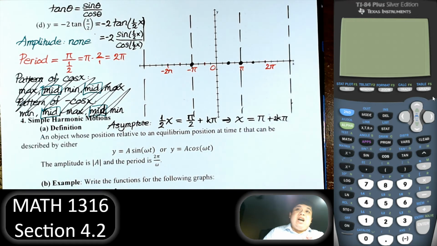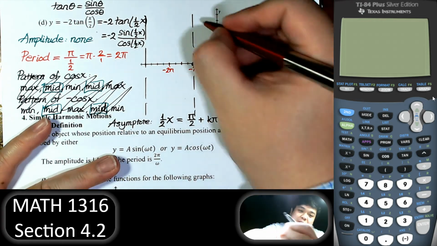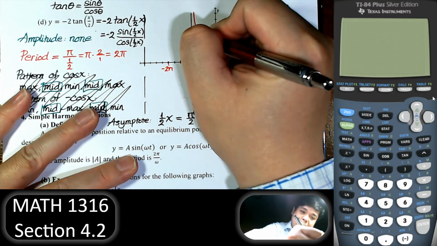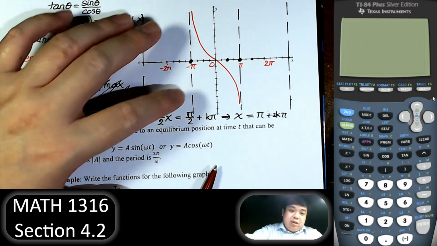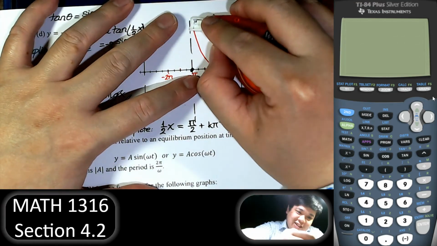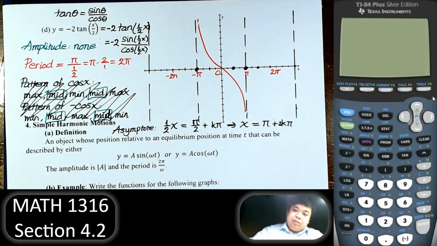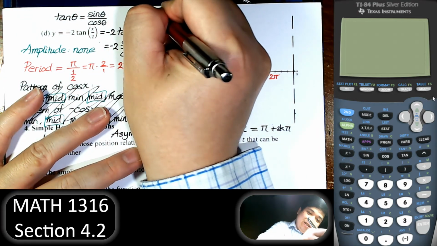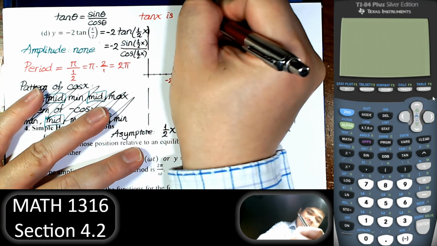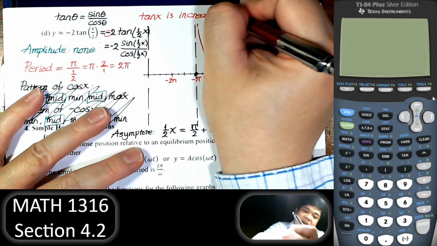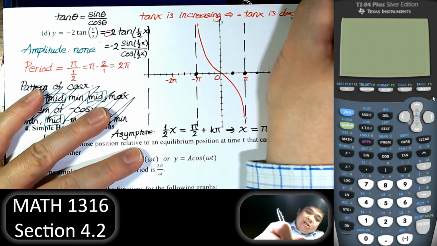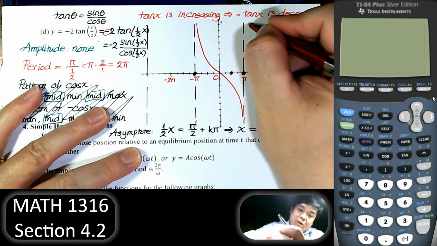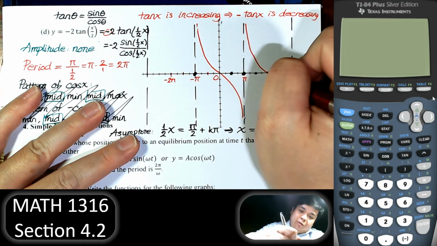Once we have the asymptotes, notice that tangent is increasing from asymptote to asymptote. But because this has the negative, it is decreasing from asymptote to asymptote.